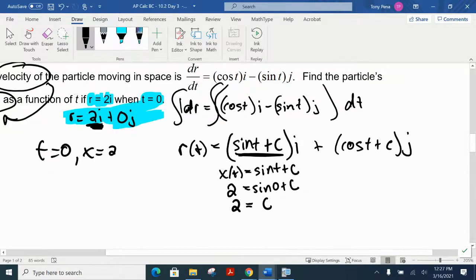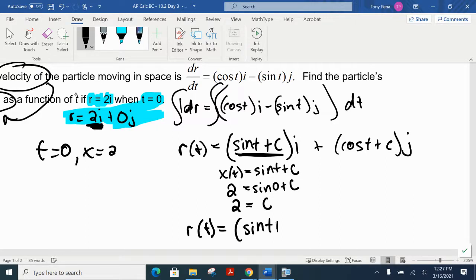So when we now go to write our position vector in its entirety, we now know our x position is the sine of t plus 2. And then that is what we have as our i, or our x position. We do pretty much the same process then with our y of t.